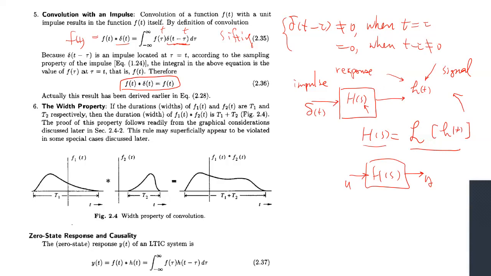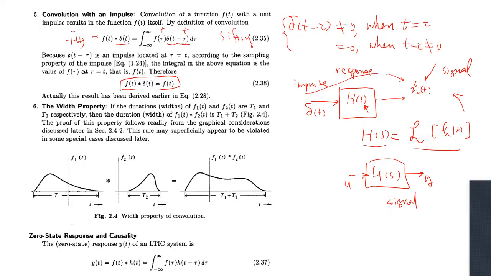Therefore, a signal could be used to represent the system. I'm confusing you, I know. Signal is signal, system is system. A system is a mapping between signals. On the other hand, a signal can be used to uniquely represent the system, like the impulse response. That's why we need to study impulse response, because it can be used to uniquely represent, one-to-one, this transfer function.